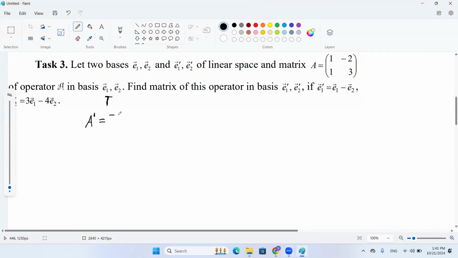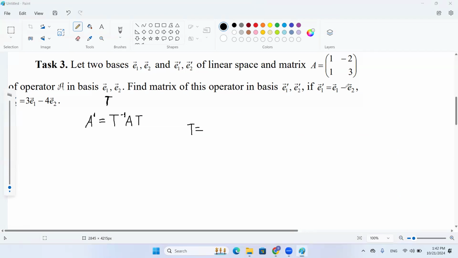Actually not. We multiply matrix A by inverse T from the left, and by normal T on the right. And first of all, we need to build a transition matrix.